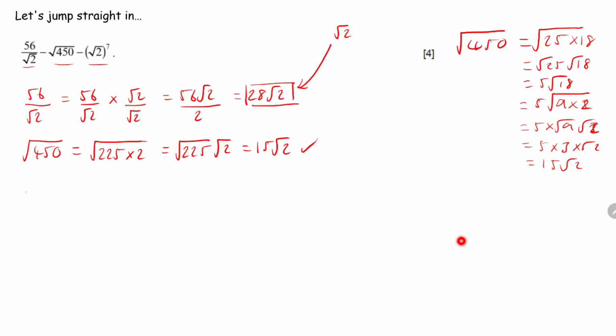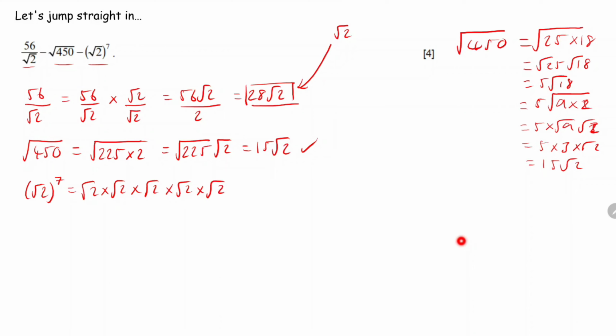Now the final term, we have root 2 to the power of 7. Okay, now the best way to think about this perhaps would be to consider that we have root 2 times by root 2 7 times. Again, there is more than one way of doing this.